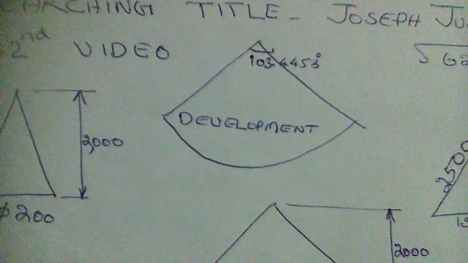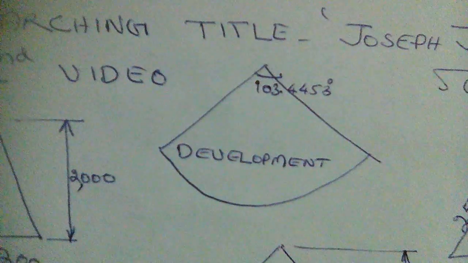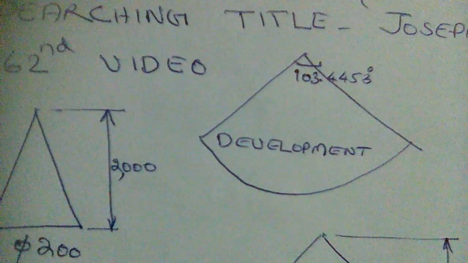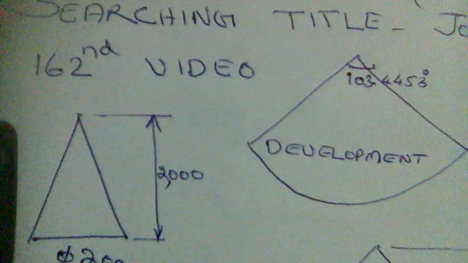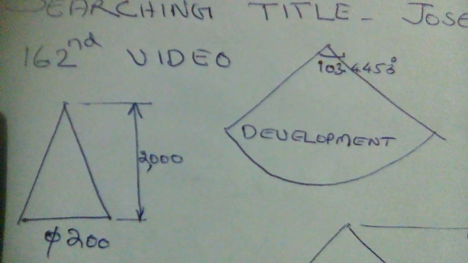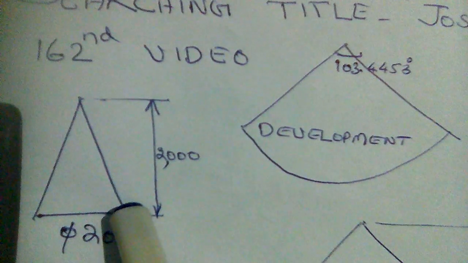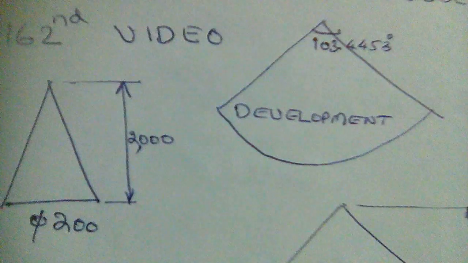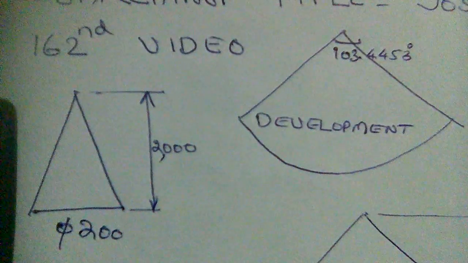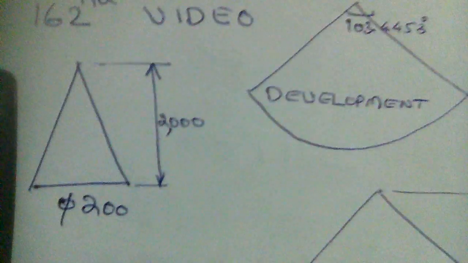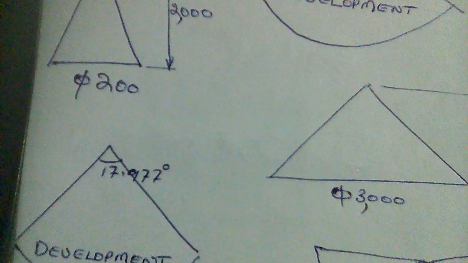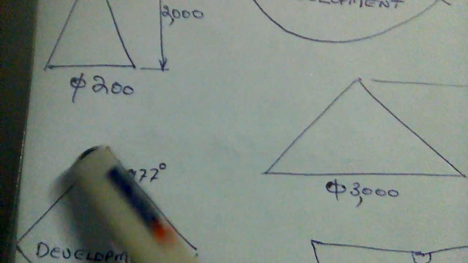Last time, when we stopped our episode 19, we were studying about a cone which is having a diameter 200 and 2000. We studied its development.